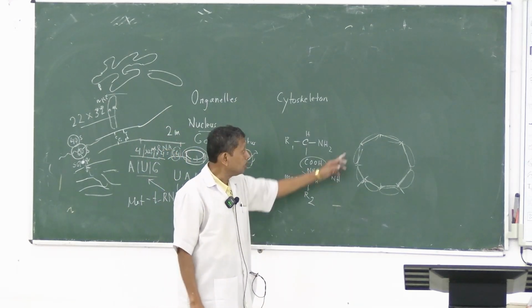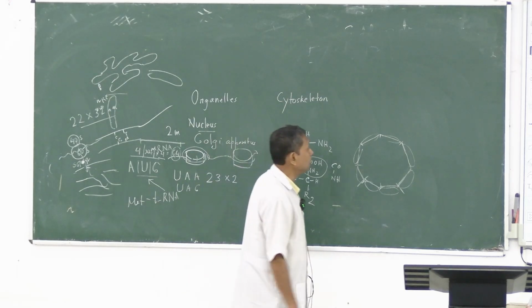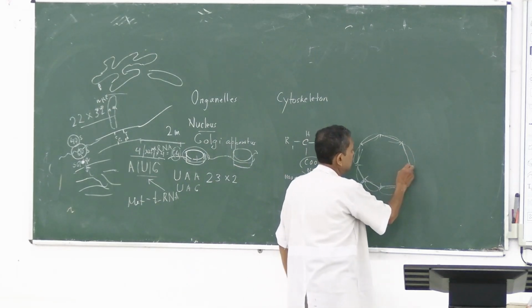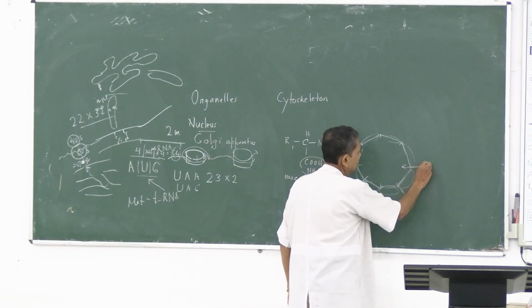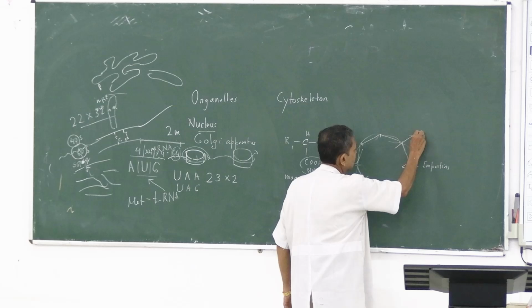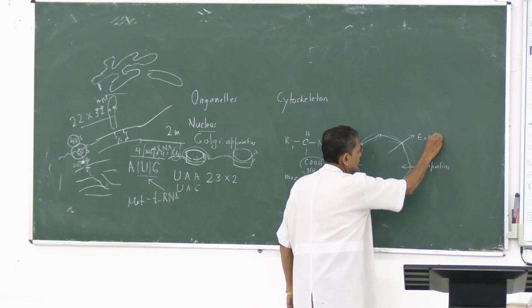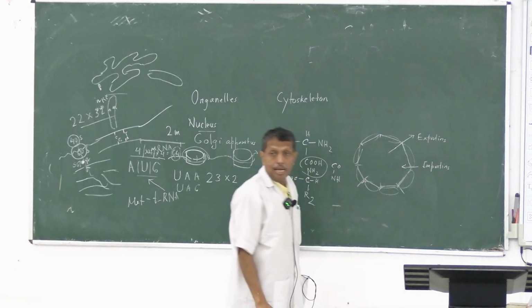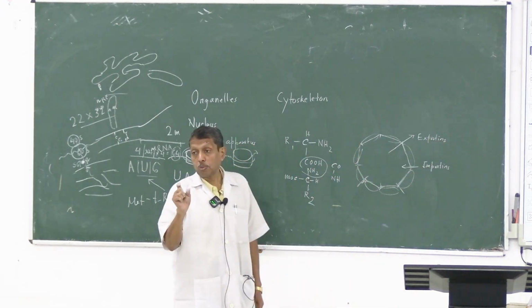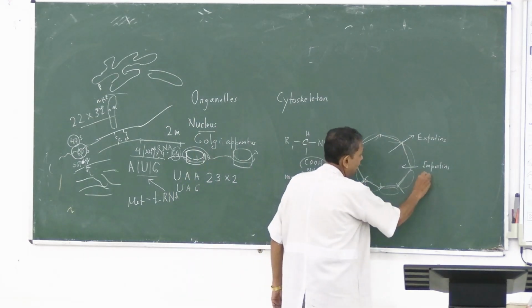So larger molecules require permeability, and there are different types of proteins: importins and exportins. And there are also other proteins for organization, and they are called RAN proteins.